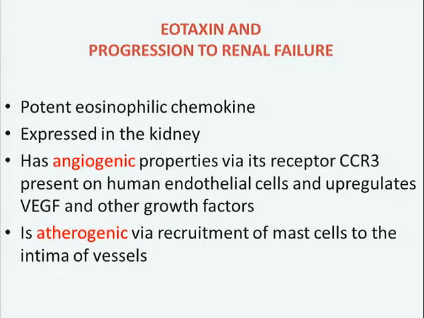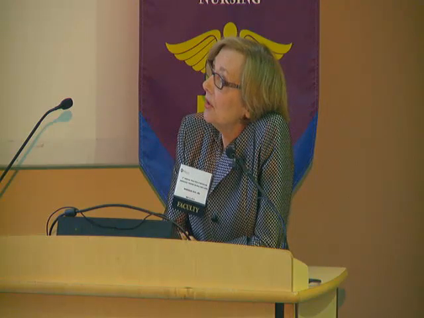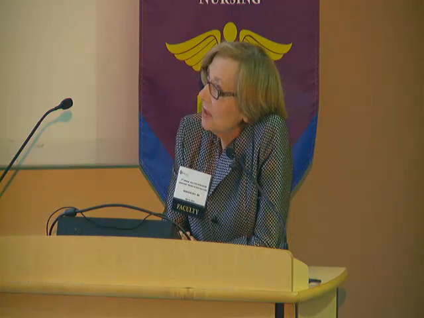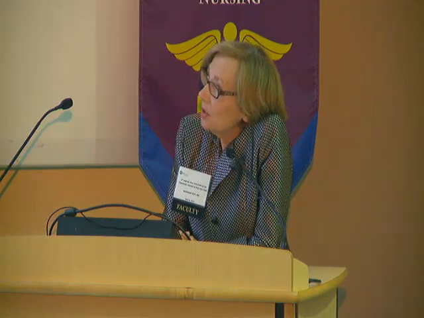Eotaxin is an eosinophilic chemokine, so it will uniquely attract eosinophils. We know that the kidney is one of the organs where it's expressed, but it's not clear in which cell it is expressed. More interestingly, I think, is that it has angiogenic properties through its receptors, and it also can upregulate VEGF.